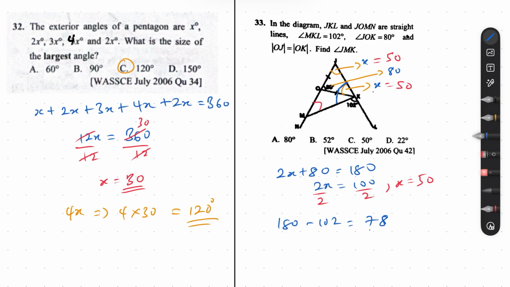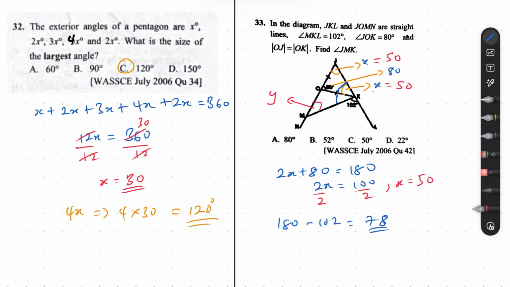Okay, cool. Now we know that angle is 78. This angle here is 78, and this angle is 50. So what's this angle? When we add this angle and this angle, we should get 180. Let's call this angle y.